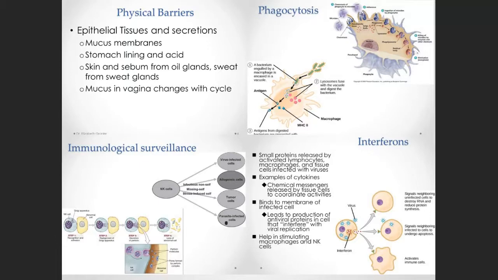So if it's like a yard, the fence is the epithelial barrier, and we station many different types of immune cells intermittently right behind the fence, so that if something gets past it, they potentially can spit on it and eat it.